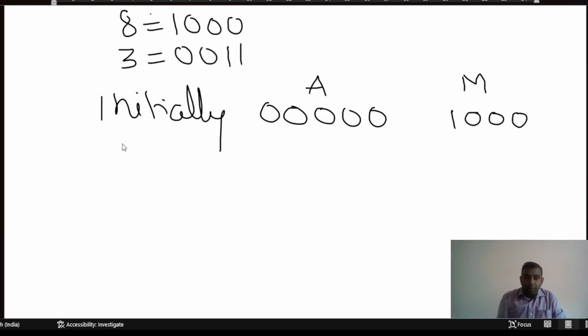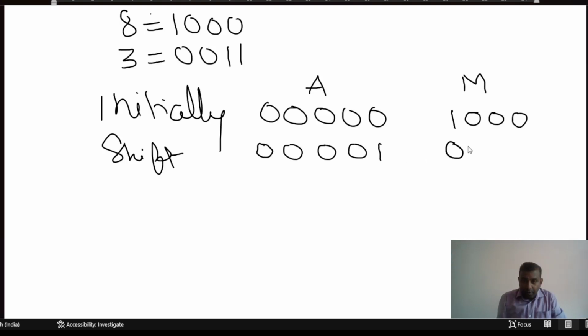Now we'll perform the second operation for cycle 1. The first operation was this, and the second operation is shift. We need to shift all the bits: the zeros, and the first bit of M is shifted to the last bit of register A. Three zeros remain, and one space is blank.